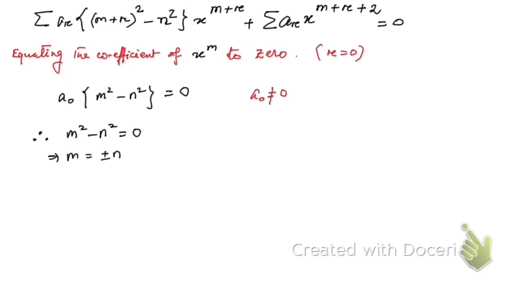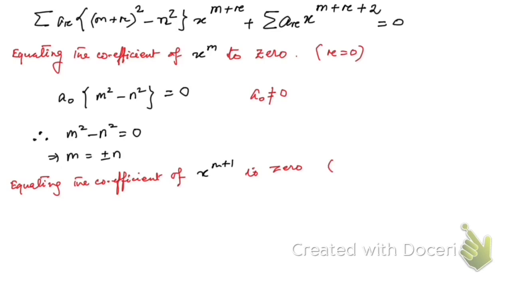Now what we're going to do is equate the coefficient of x to the power m plus 1 to 0. So to equate x to the power m plus 1, we need to put r is equal to 1.